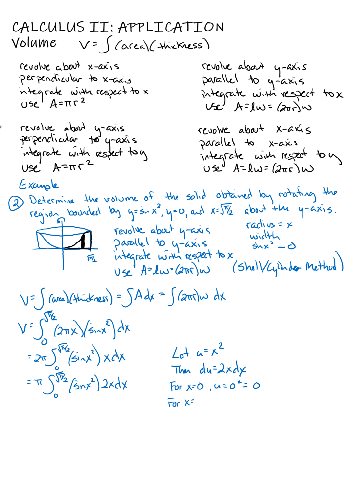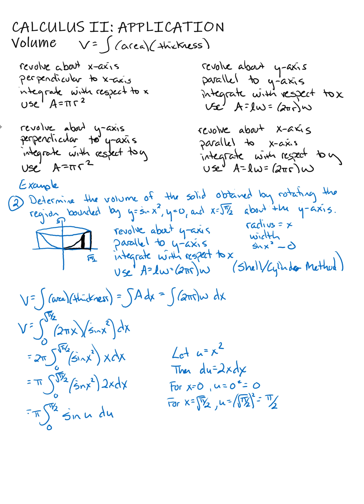And for x equal to the square root of pi over 2, u is equal to the square root of pi over 2 squared, which is just pi over 2. So our limits of integration have changed now from 0 to pi over 2. And I'm also going to change from x's to u's. Remember that u is equal to x squared and du is equal to 2x dx, so I end up with sine of u du.